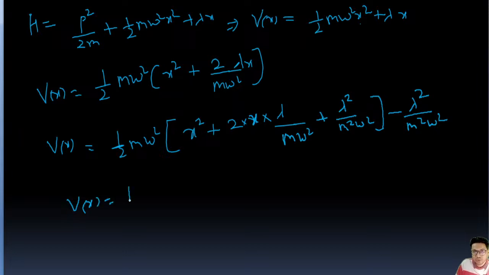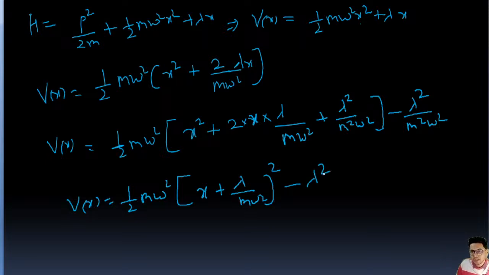Then V(x) is going to be half m omega square times x plus lambda upon m omega square, whole square, and then minus lambda square upon omega to the power 4, guys, because the whole square of this is omega to the power 4.